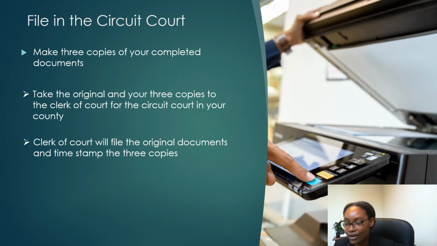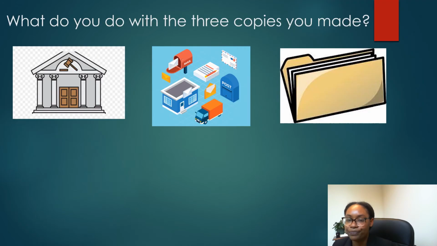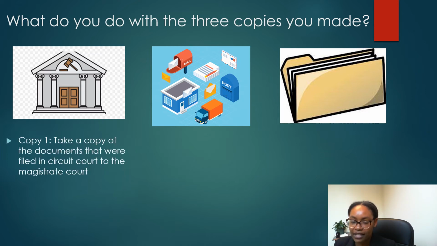So now, one question that may pop up is, well, what do you do with those 3 copies that you made? Well, 1 copy would go to the magistrate court. So you take a copy of the documents that were filed in circuit court to the magistrate court.